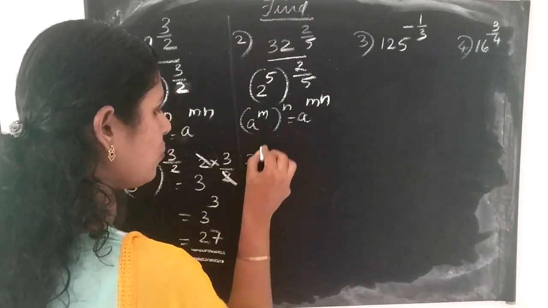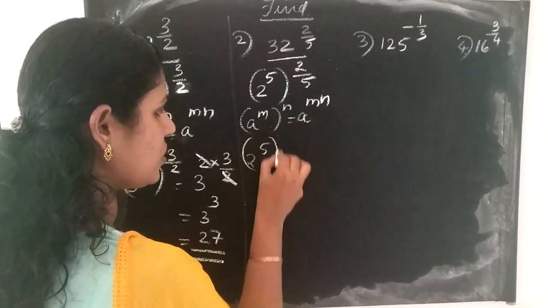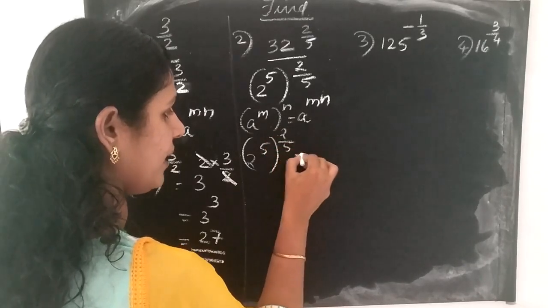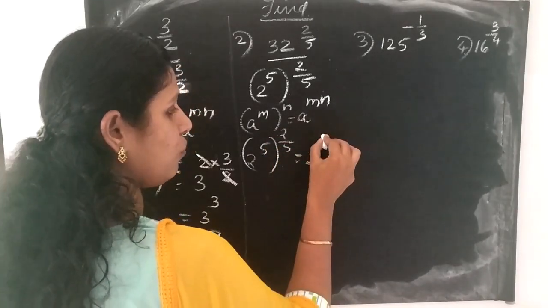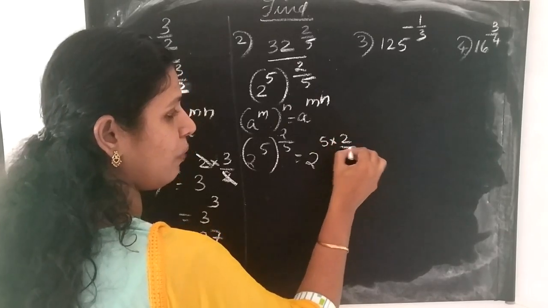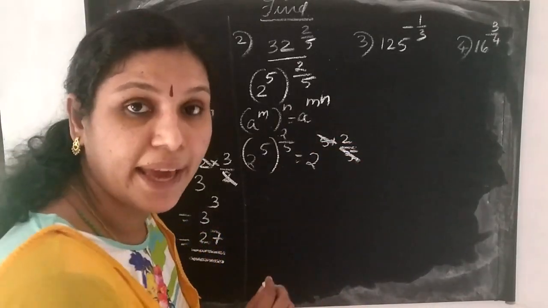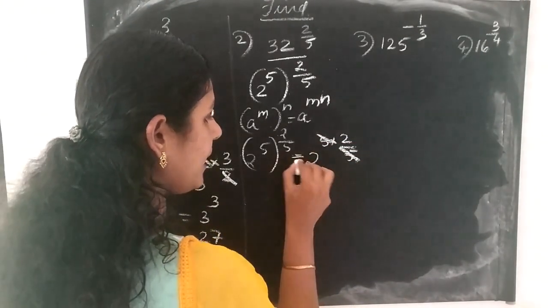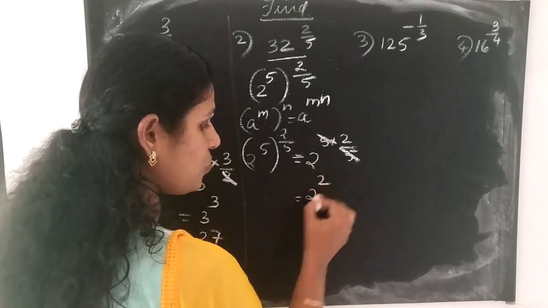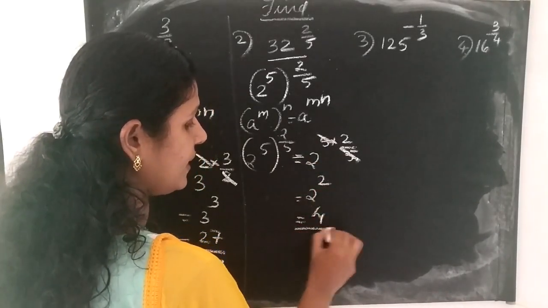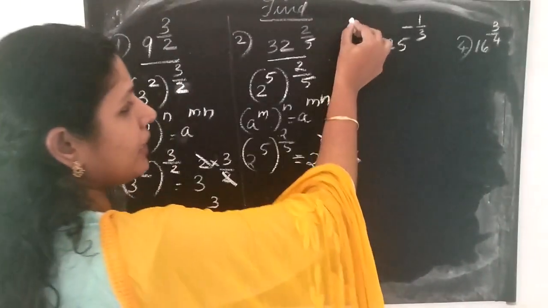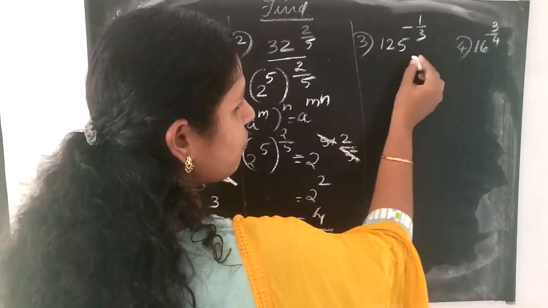Now 2 raised to 5, the whole raised to 2 by 5, we can write as 2 raised to 5 into 2 by 5. The 5s cancel each other. We get 2 raised to 2. 2 raised to 2 is what? That is 4.